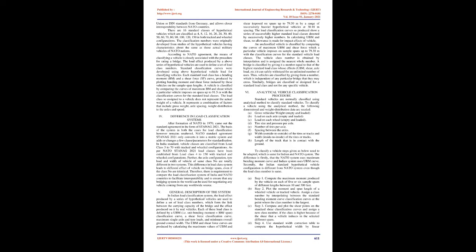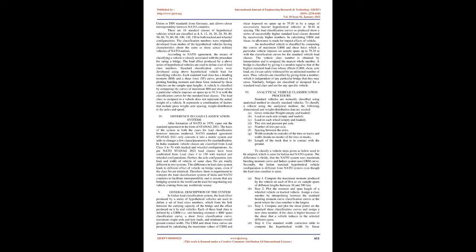In the Indian load classification system, the load effect produced by a series of hypothetical vehicles is used to define a set of load class numbers, which form the link between the carrying capacity of the bridge and the effect produced on it by real vehicles.